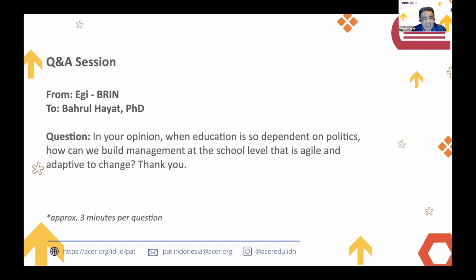Again, the dependency on politics, especially on defining the goals of the nation, and then you have to put what the education system should move and go from now. So it is very clearly stated in the context of Indonesia, for example, what are the expectations of the generation of Indonesia and what kind of subject is mandatory for all students.